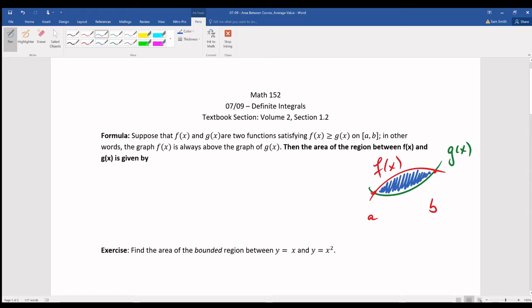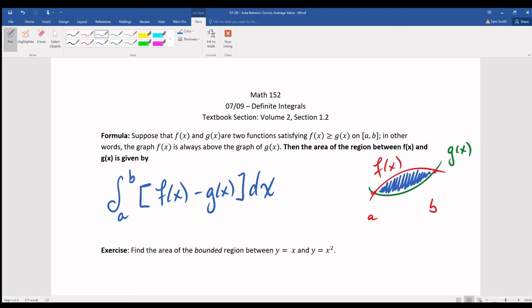This can also be found using a definite integral from a lower limit of a to an upper limit of b. But this time, instead of integrating just f of x, we're going to integrate the difference between f of x and g of x. We're going to find the integral of f of x minus g of x.